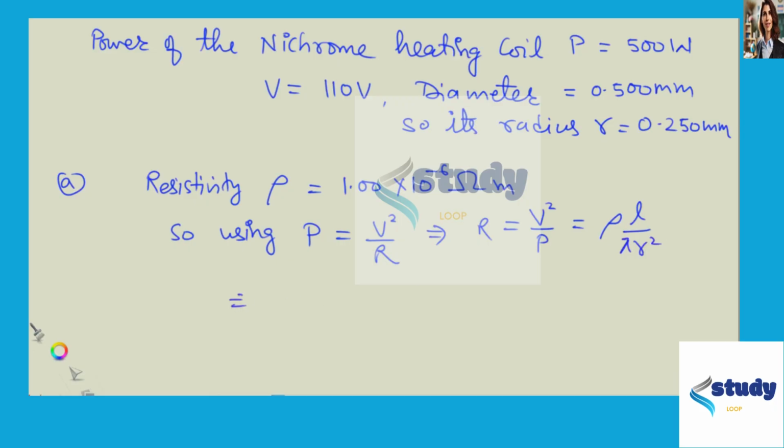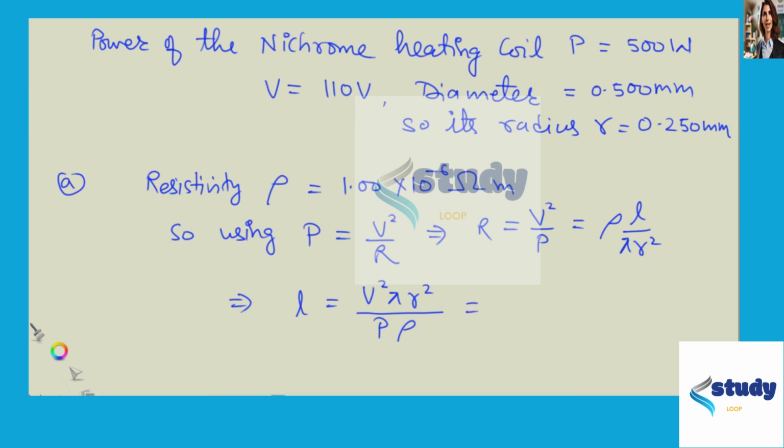So using that, we get an expression for the length of the nichrome heating coil as L is equal to V square into pi into R square divided by P power multiplied by rho, resistivity.